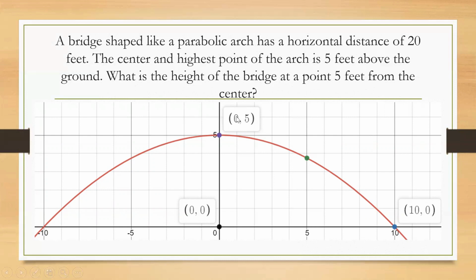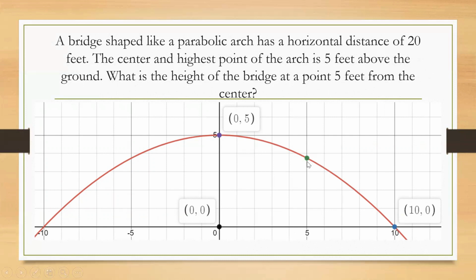So still our x will be 0, but our y will be 5, because it says here 5 feet above the ground. Next, the horizontal distance is 20 feet. So we start from -10, and then we end at 10.